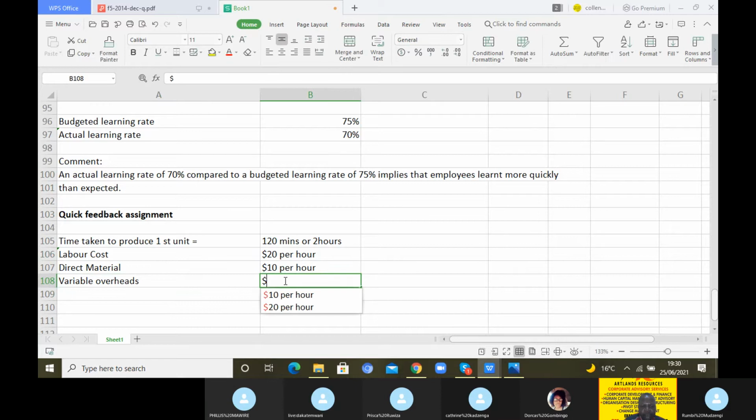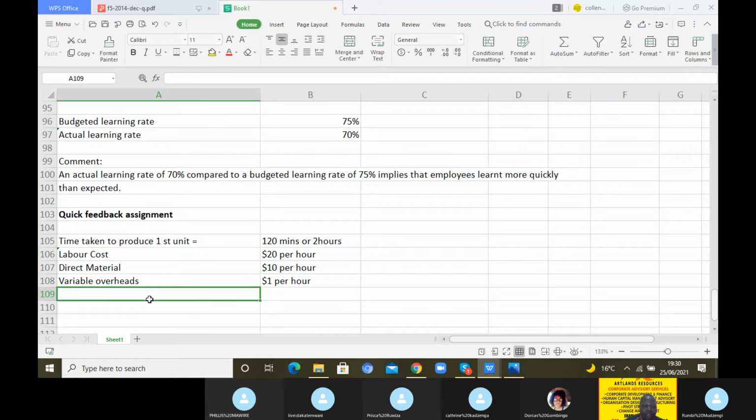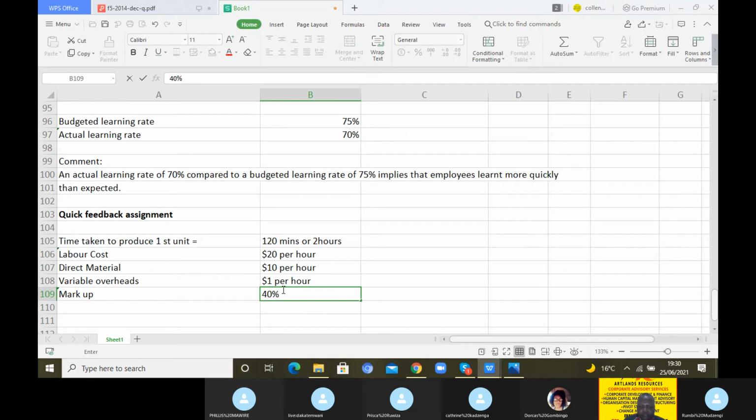Variable overheads are $1 per hour. And then prime cost, I mean markup. Markup equals 40% of prime cost.